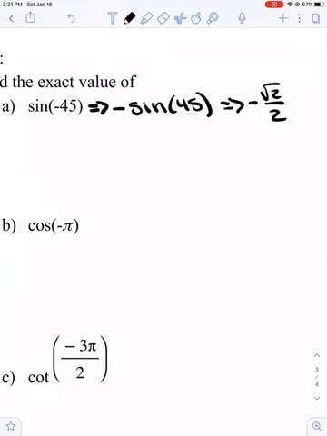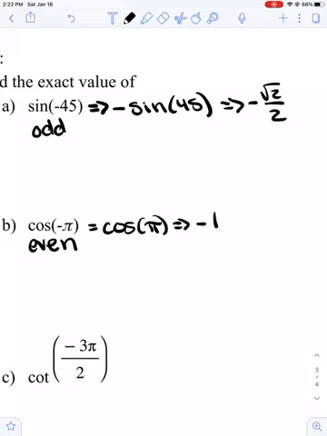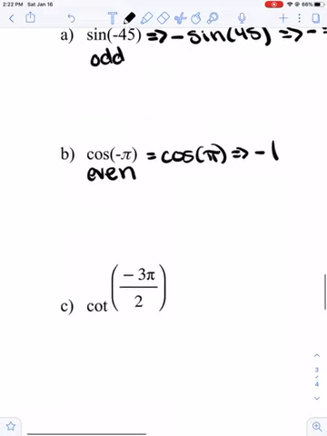Next, the cosine of negative pi using that even property. So this one's even. The first one was odd. So using that even property, it just becomes positive. So it just becomes cosine of pi. And the cosine of pi equals -1.